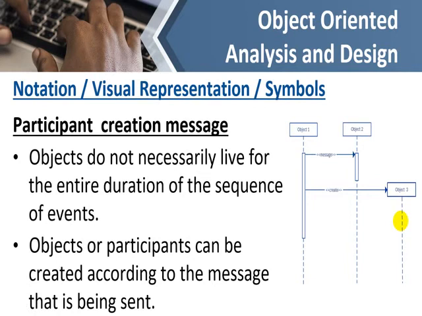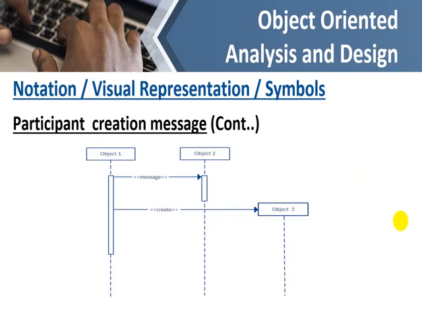It is doing something. So now here we can see it very clearly that object 1 is exchanging the messages with object 2, but after some time, object 1 sends a create message to the object 3 so that some exchange of messages could be done with the object number 3.